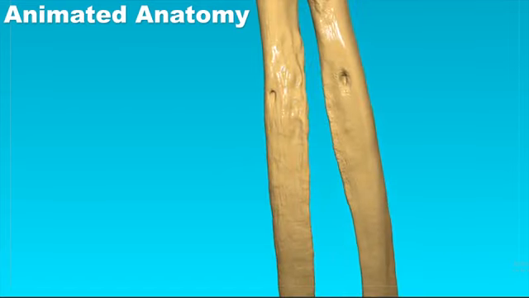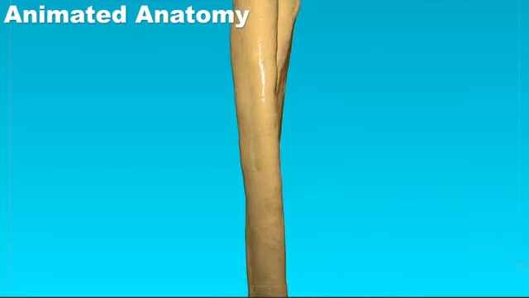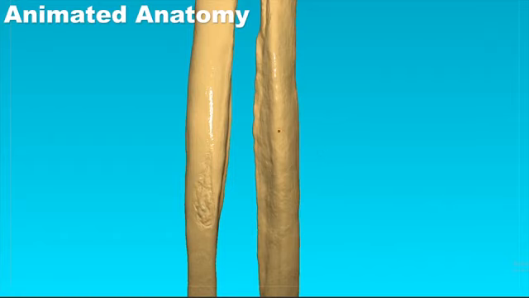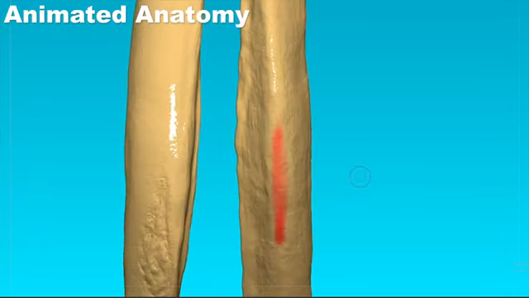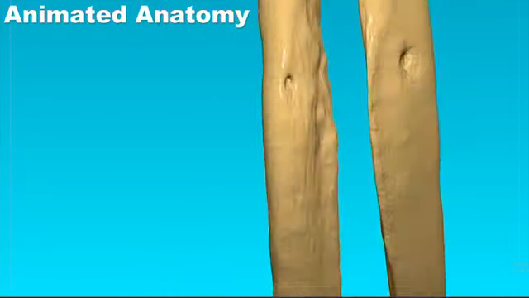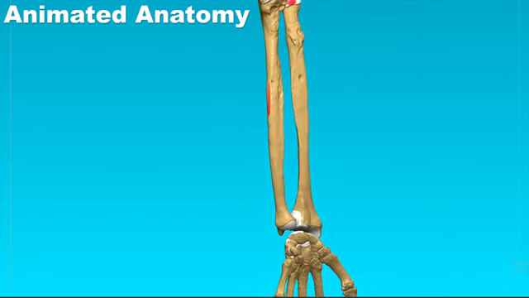Looking at the body of the ulna, we can see the borders already. Well, this would be here the posterior border, because if we look away, that's the posterior one, right? Then we zoom in, and this would be the anterior border.